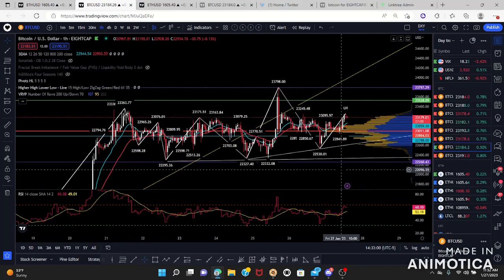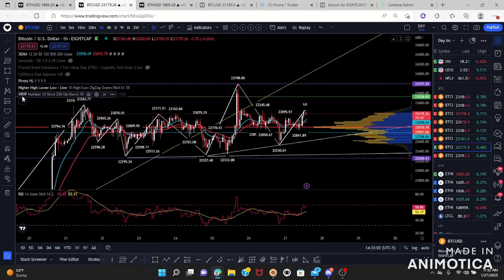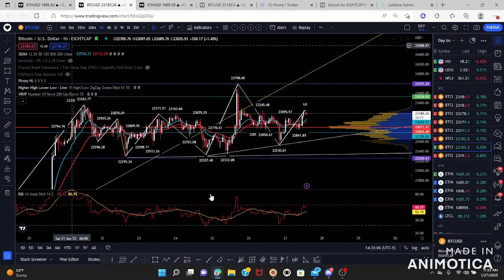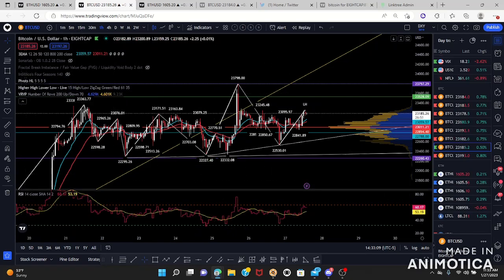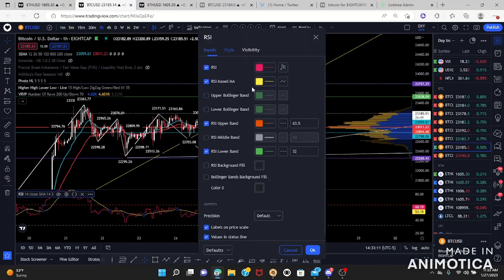I think it's a smart thing to set your VPVR, your highs and lows indicator, your RSI, and I did change the RSI indicator. You want to copy the settings, 63.5 and 32, and it's a stepping RSI.